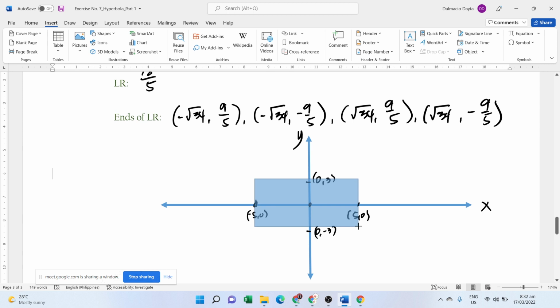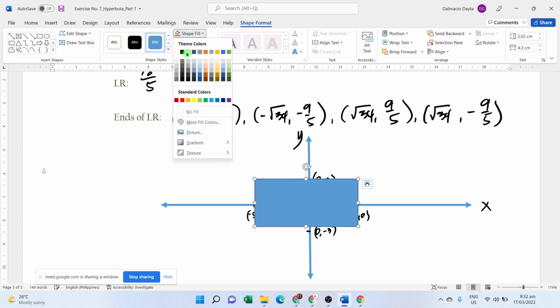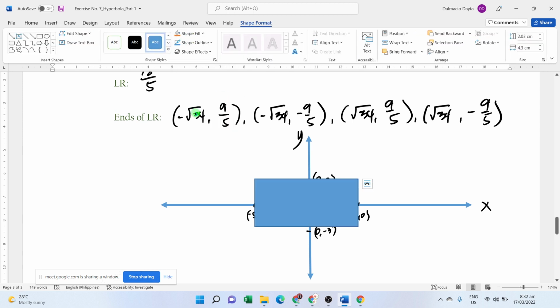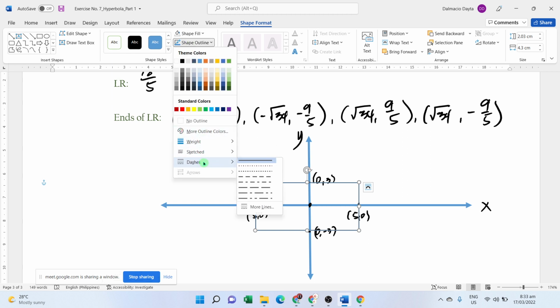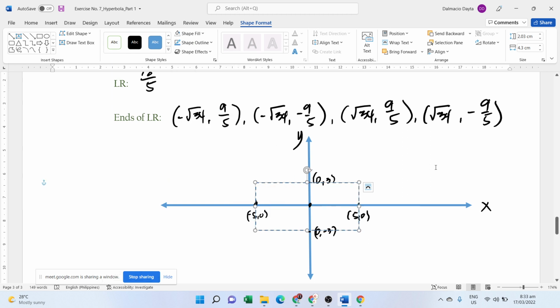Draw an imaginary rectangle containing all the vertices and co-vertices. Ganyan. Imaginary lang. Okay? Pasok yung mga ginawa ko. Bumilib sa sariling gawa. Alright. Imaginary rectangle. Now, the hyperbola has asymptotes.